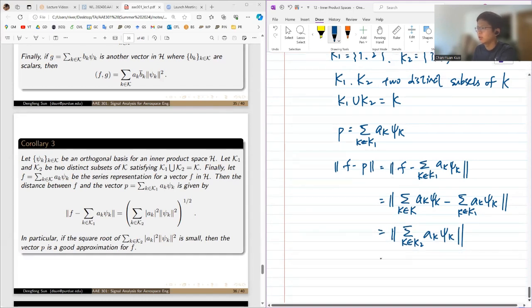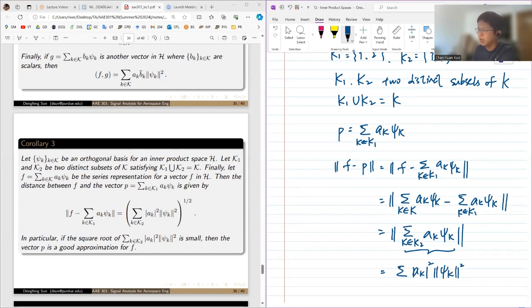So here we can rewrite this as the summation over k in kappa 2 of ak psi k. To obtain the norm of this remaining vector, we can apply Parseval's equality again, and you will see that this will end up being the summation of the absolute value of ak squared times the squared norm of psi k, where k is in the kappa 2 set.